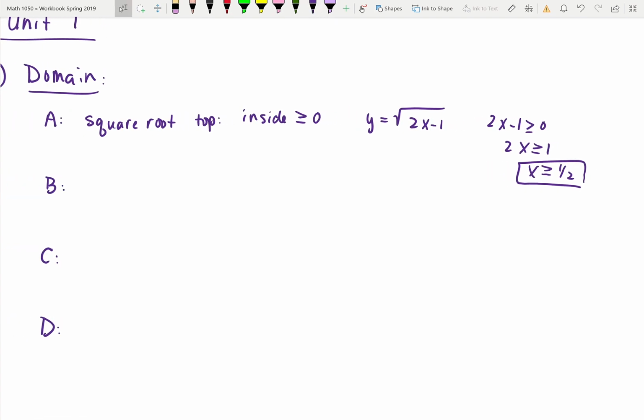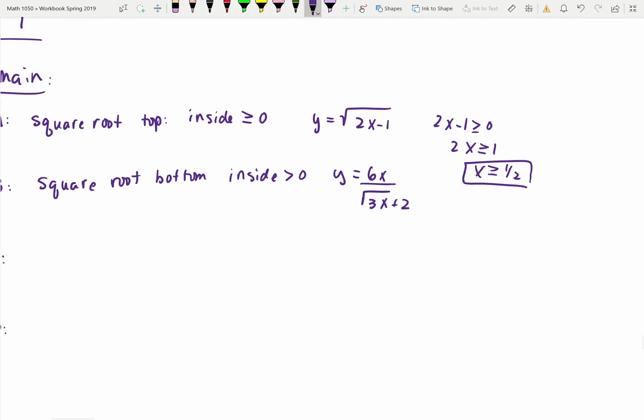Another thing is if you have a square root on the bottom, it's still the inside greater than 0, but now it can't be equal to 0 because then you have a 0 on the bottom. So let's say you had y equals 6x over the square root of 3x plus 2.